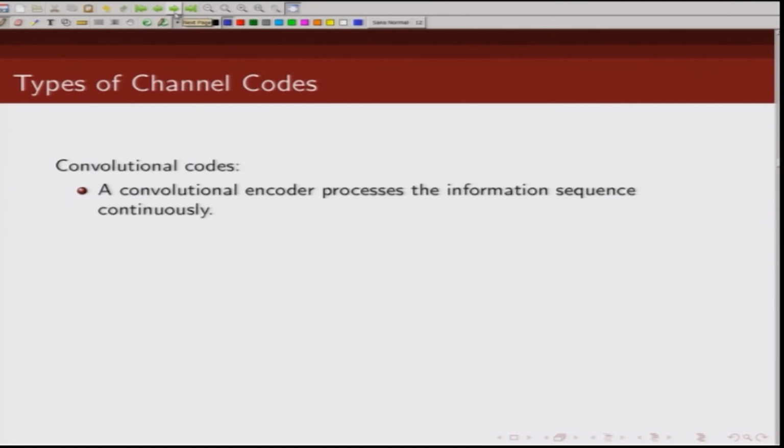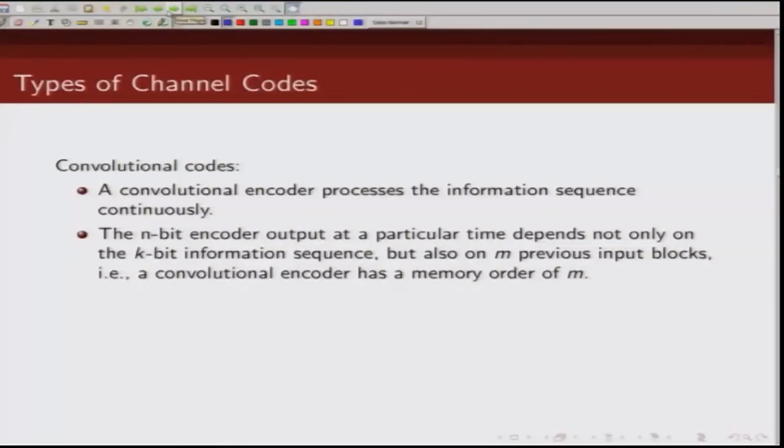In block codes we parse our information sequence into blocks of data and we handle them block by block, whereas in a convolutional code you can process your information sequence in a continuous fashion. The second difference is that the encoding in a convolutional code is with memory.